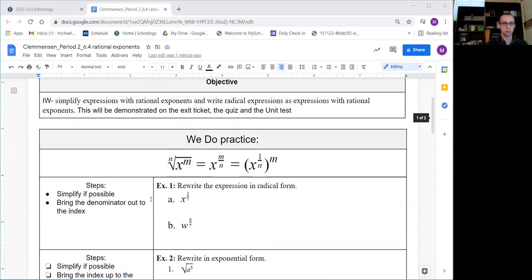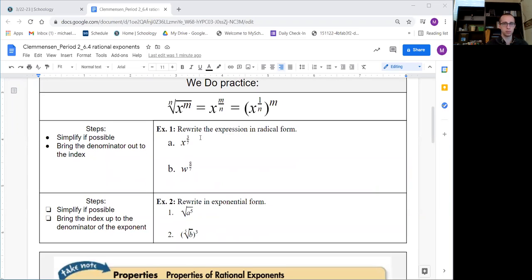All right. Let's go back up to the top, the we-do practice part right here. We have a couple of these through here. Some of them are very simple. Like A is very simple. All we have to do is notice that we have this formula. We want to write it in radical form, which means we want to write it in this form right here. And so we take that 7 and we put it as our index.